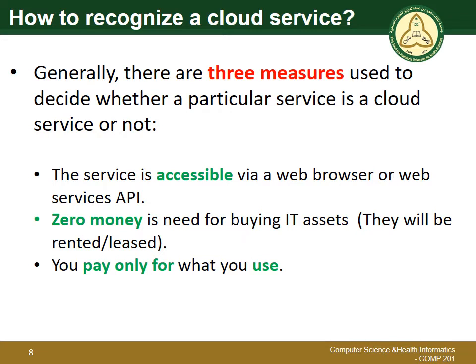Now, I will give you an example. Have you ever visited, let's say, the TripAdvisor website and tried to register, and the registration page asks you to register using your Google account or your Facebook account? What does that mean?